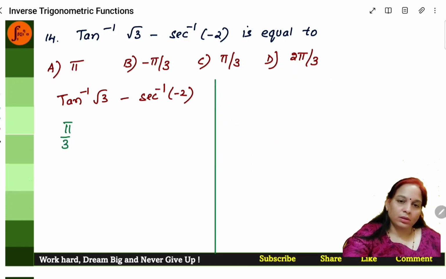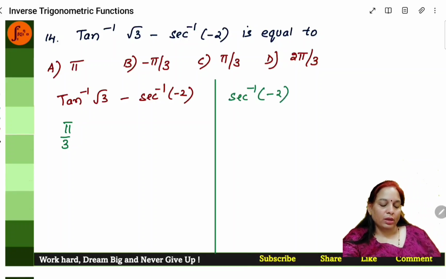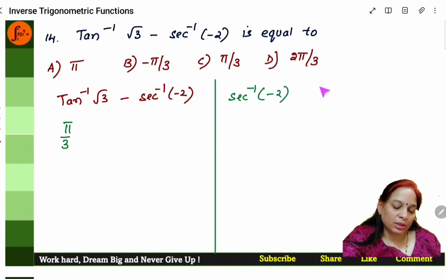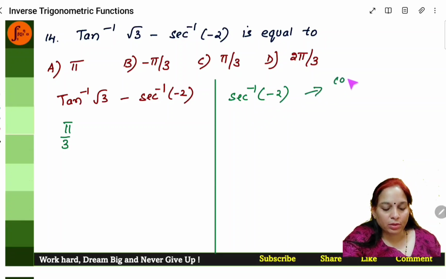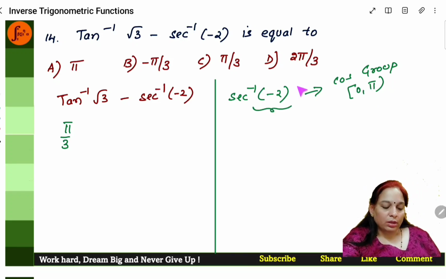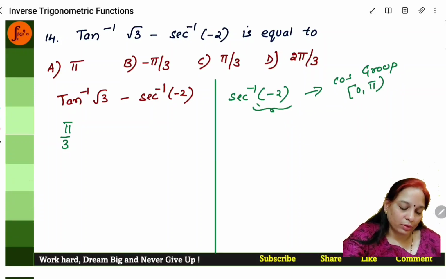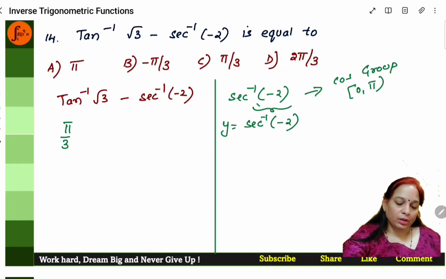Now we look at secant inverse of minus 2. This is falling in the cos group. And principal value branches 0 to pi, and the value is negative here. So keep a watch on this cos group functions, right? If it's negative, you have to subtract from pi. So y is equal to secant inverse of minus 2, which means secant y is minus 2.